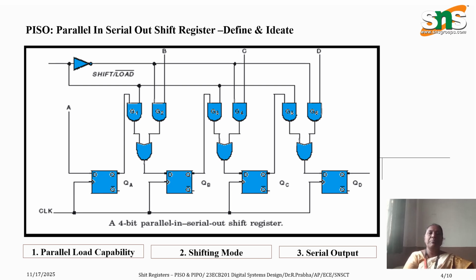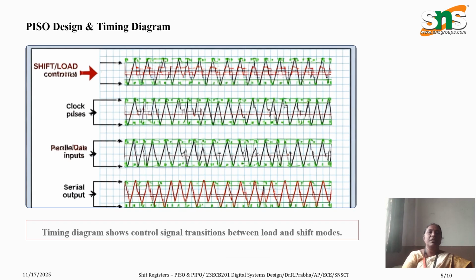During shift operation all the data is shifted, and during load operation the inputs are loaded into the flip-flops. The timing diagram explains how the switching between the shifting and loading operations takes place. As we discussed already, during shift operation the data is shifted from one flip-flop to another flip-flop with the input clock pulse.